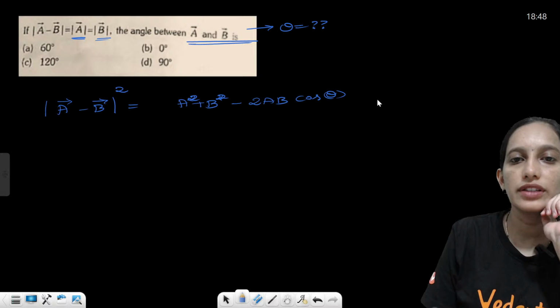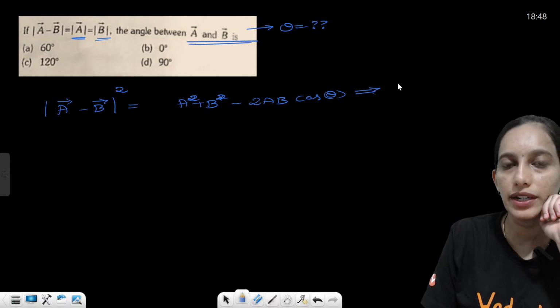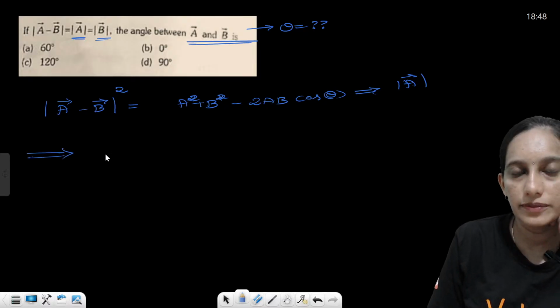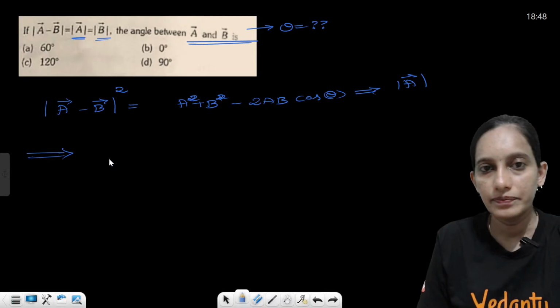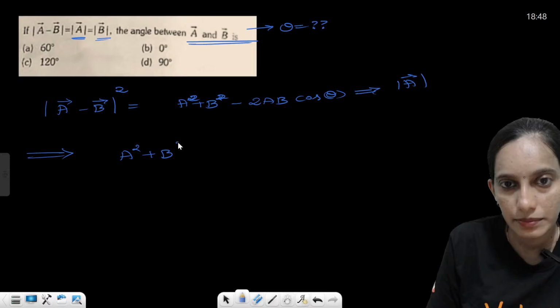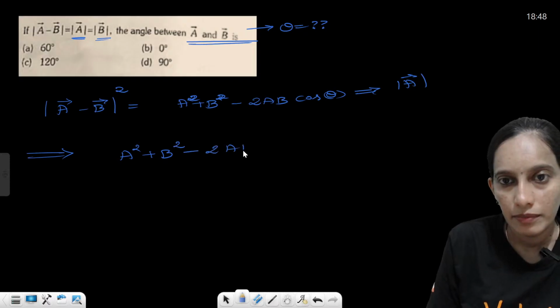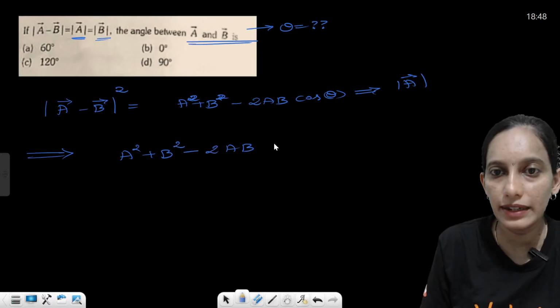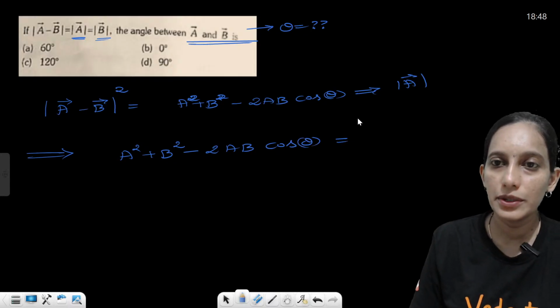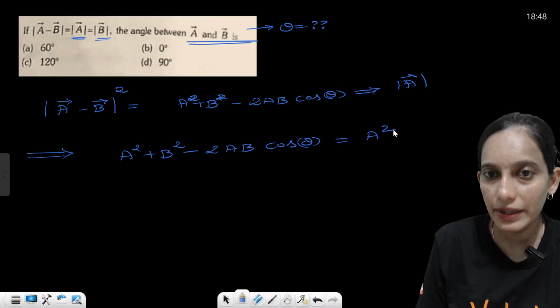And ಇಲ್ಲೇನು ಕೊಟ್ಟಿದ್ದಾರೆ? This is given to be equal to magnitude of A. So ಏನಾಗಿರುತ್ತೆ? A square plus B square minus 2AB cos theta is equals to A square ಆಗಿರುತ್ತೆ.